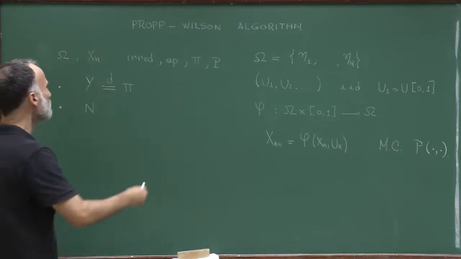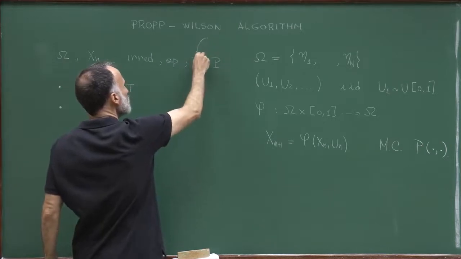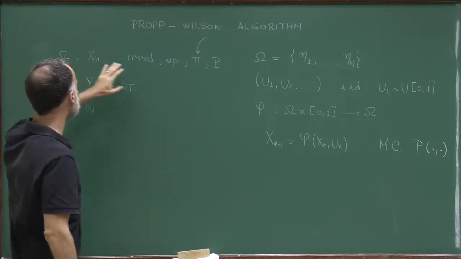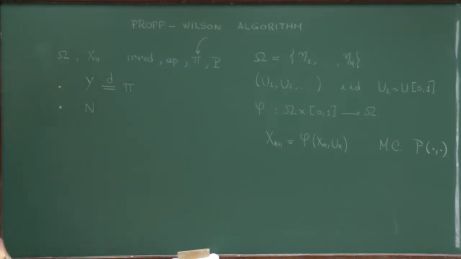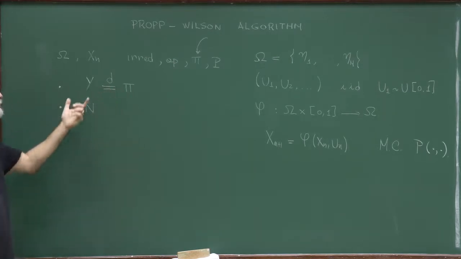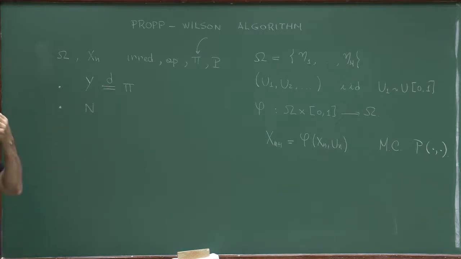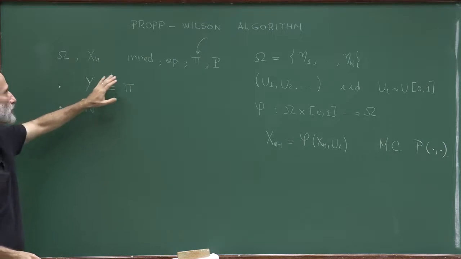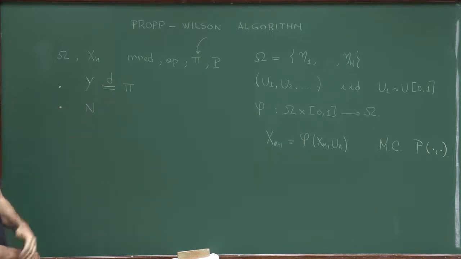So let me summarize the problem again. We have a space omega, we have a probability measure pi defined on omega, and we want to create a random variable whose distribution is close to pi. Here actually, we will define a random variable whose distribution is exactly equal to pi. And how do we do that?